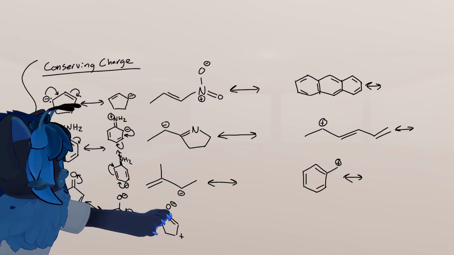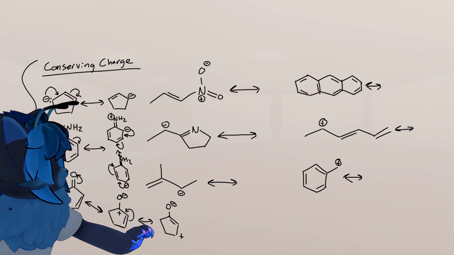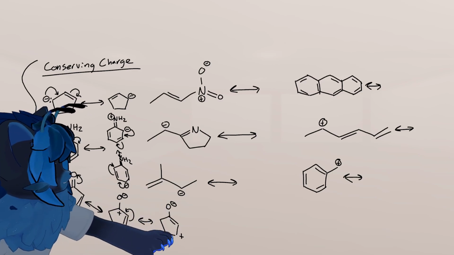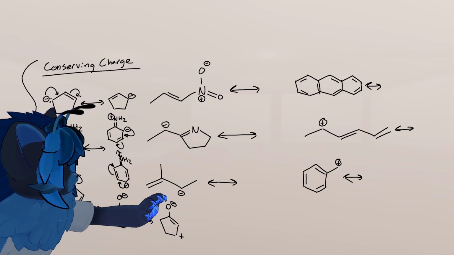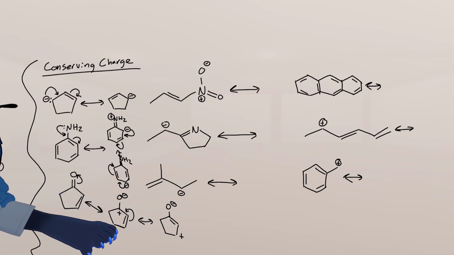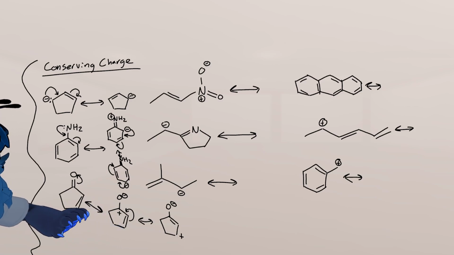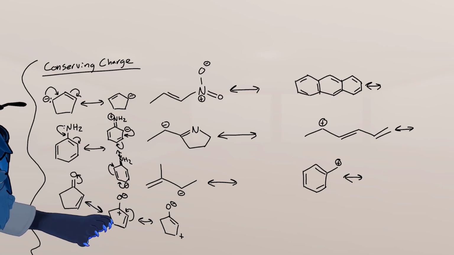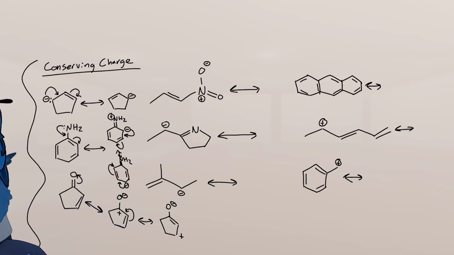But we still have a negative charge on oxygen. So what does that mean? Well, we have a negative and a positive charge. This molecule is still neutral, just like our starting molecule. Right? The resonance shows that the molecule stays neutral even when the charge leads to anions and cations.